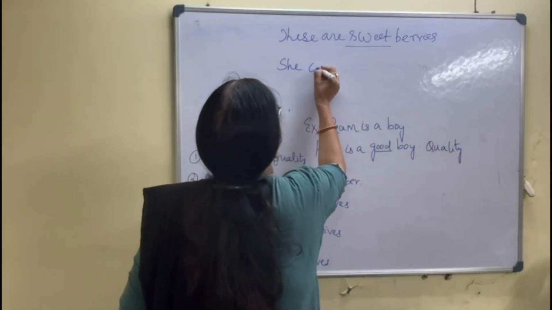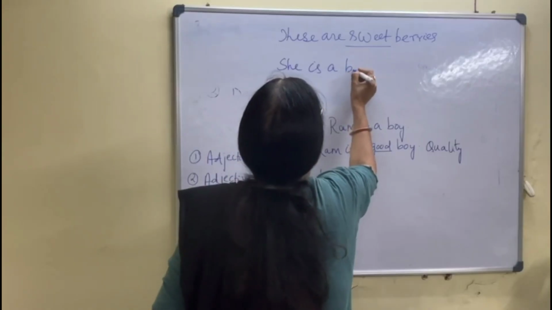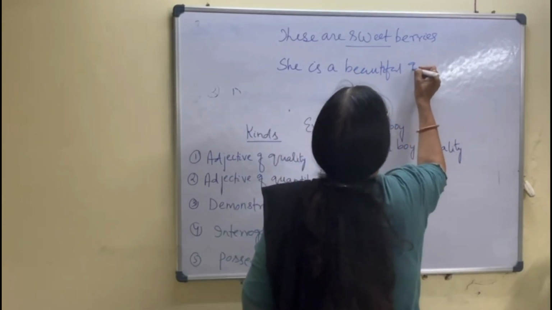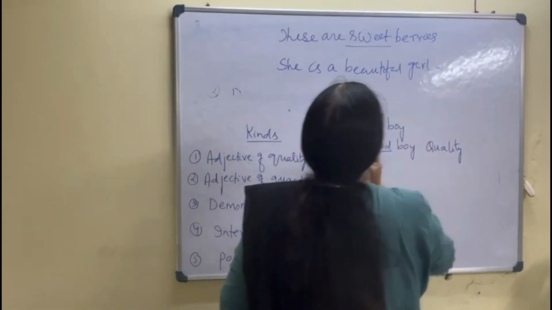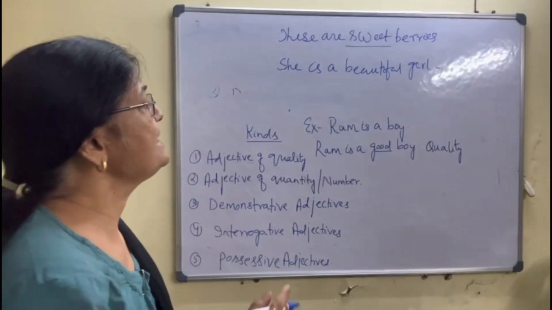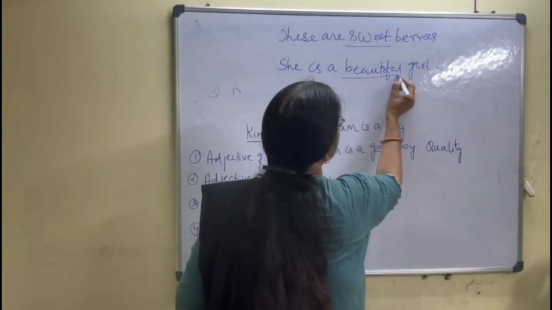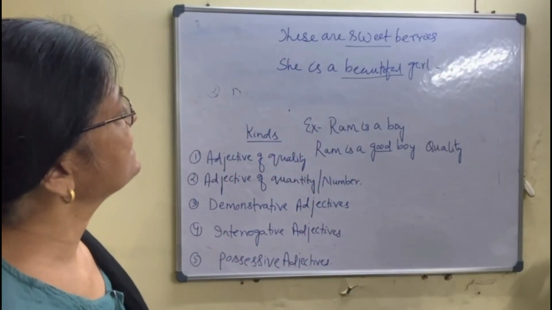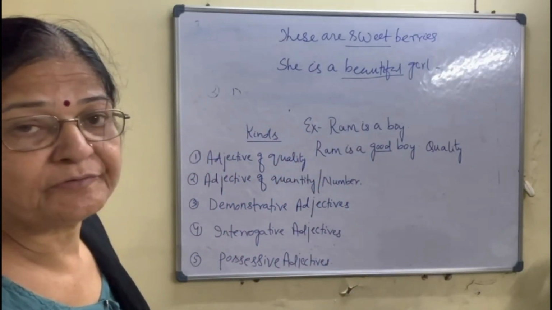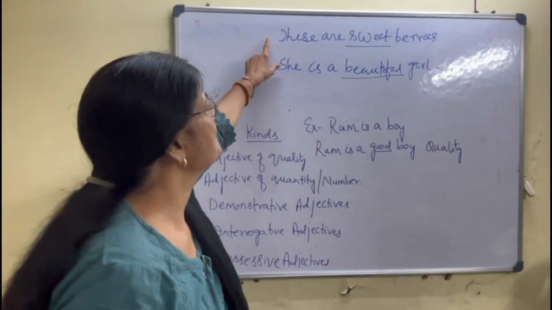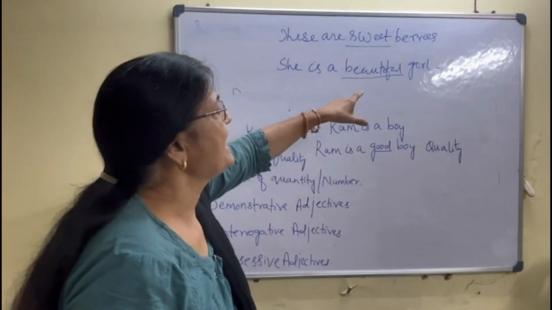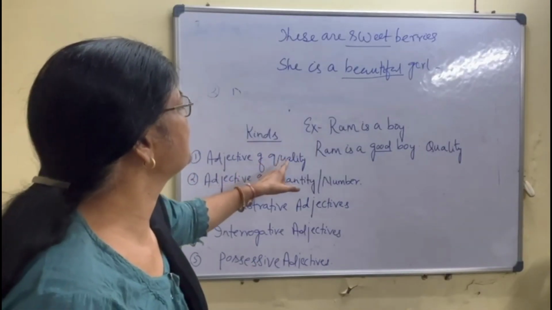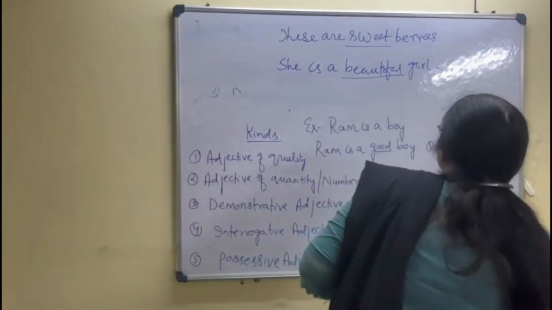She is a beautiful girl. वह लड़की कैसी है? वह सुंदर लड़की है. It again adds the quality of beauty to the girl, that the girl is a beautiful girl. So these words which add certain qualities to the noun are known as adjective of quality.